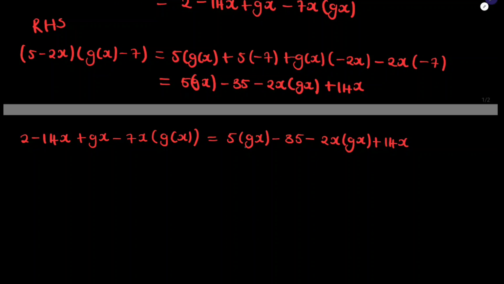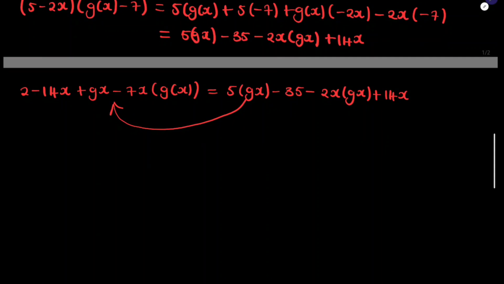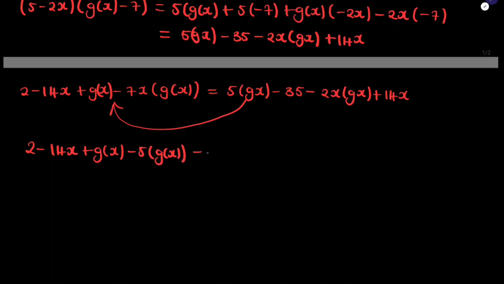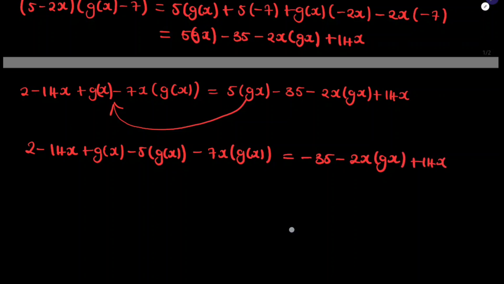So if we send it that way, we will have 2 - 14x + g of x - 5g of x - 7x times g of x equal to, we're left with -35 - 2x times g of x + 14x.